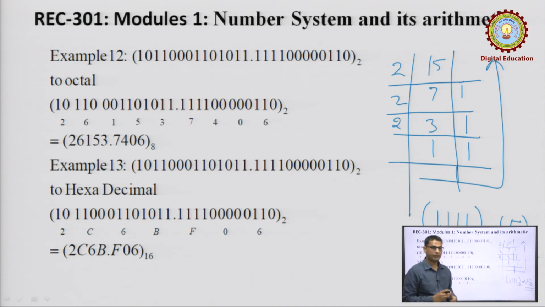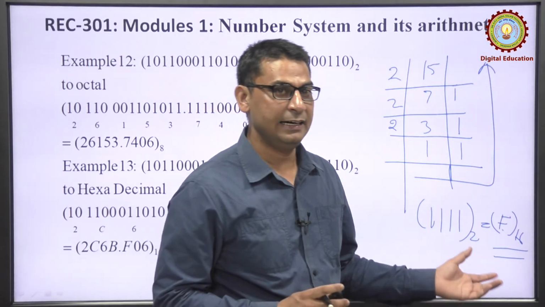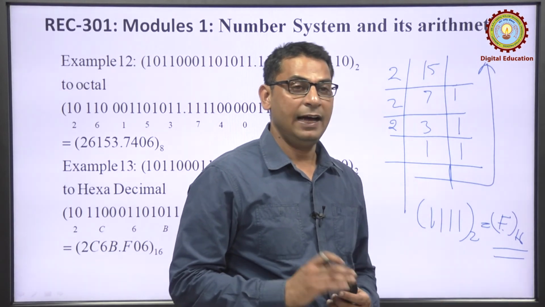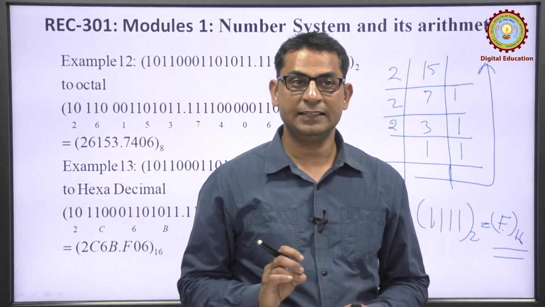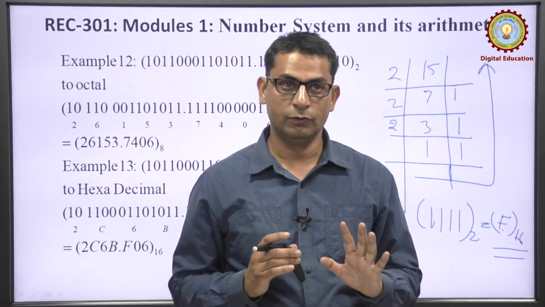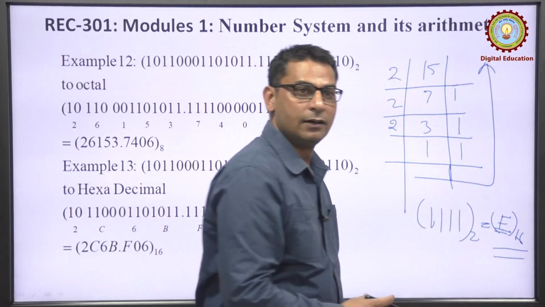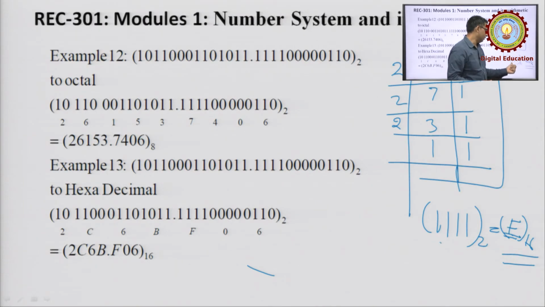From this analysis we can say that F is the highest permissible digit for the hexadecimal number, so to represent any one hexadecimal digit, we need a 4-bit binary code, because here the highest permissible digit F is equivalent to 1111, and this is a 4-bit binary code.